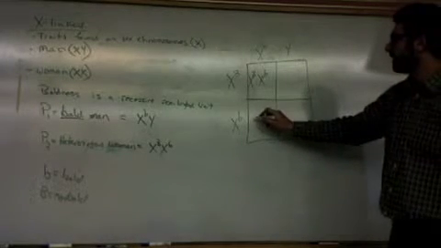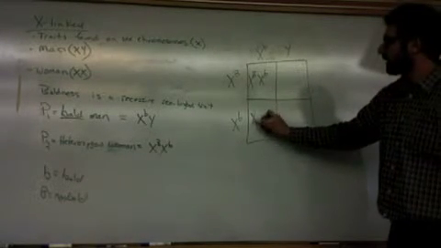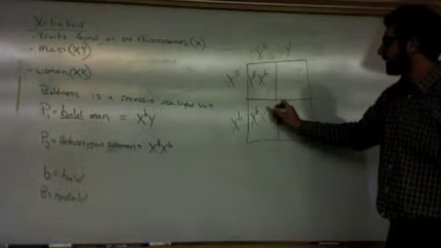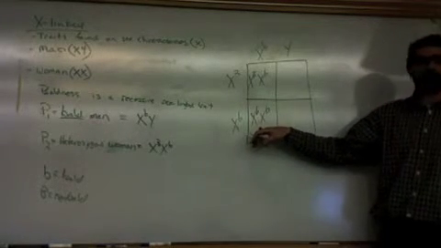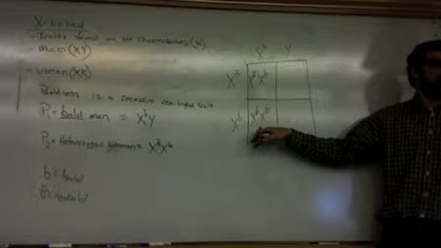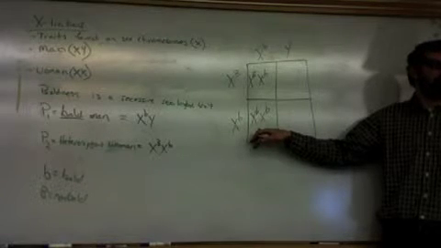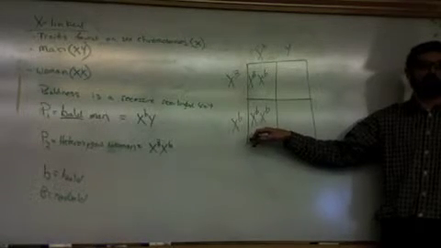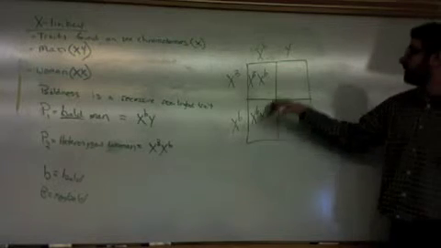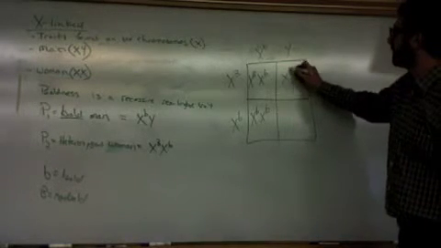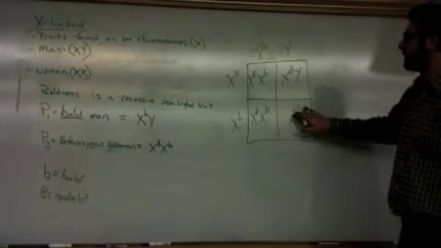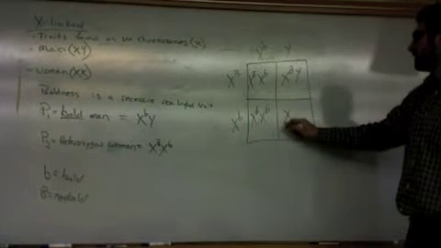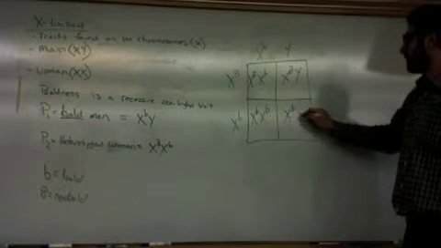This one will be X little b, X little b. What's this one going to be? A bald what? Or a girl. Yeah, bald girl, but women can go bald. This guy is going to be a non-bald male, and this is going to be a bald male.